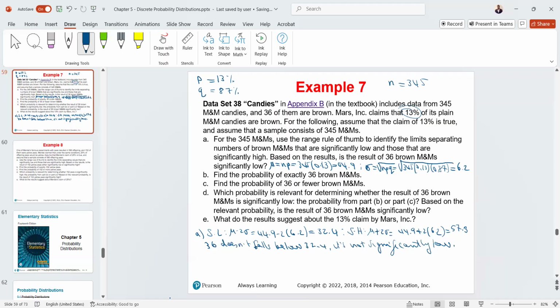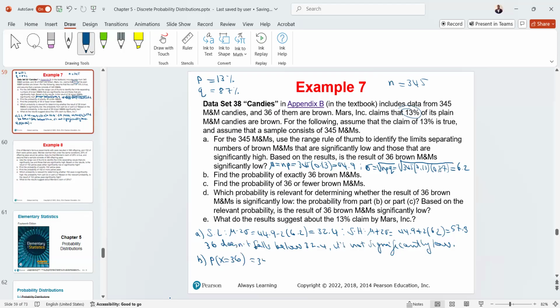Now they said find the probability of exactly 36. Oh, no, look at that. We can do exactly 36, but for the other ones that would be terrible. For B, it's the probability that X equals 36, because we have N, we have everything.